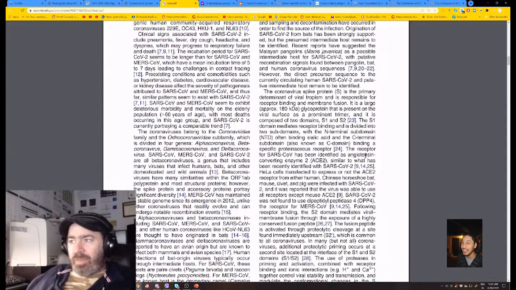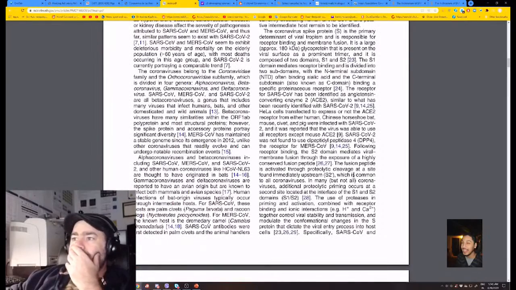Following receptor binding, the S2 domain mediates viral conserved fusion peptide. The fusion peptide is activated through proteolytic cleavage, a site found immediately upstream of S2, which is common to all coronaviruses. In many but not all coronaviruses, additional proteolytic priming occurs at a second site located at the interface between S1 and S2 domains, that's the furin cleavage site.